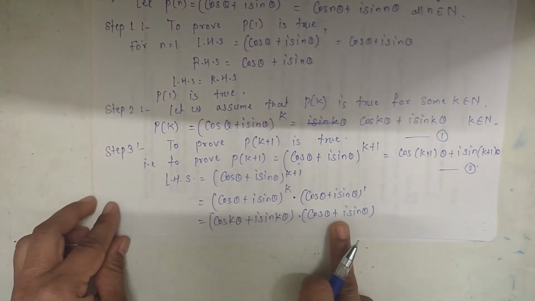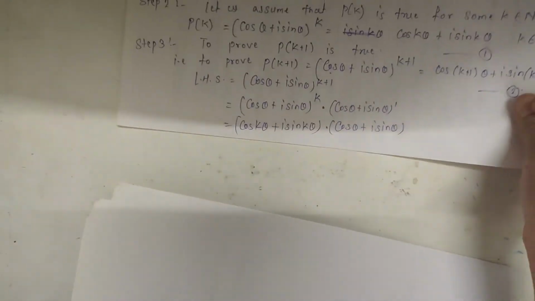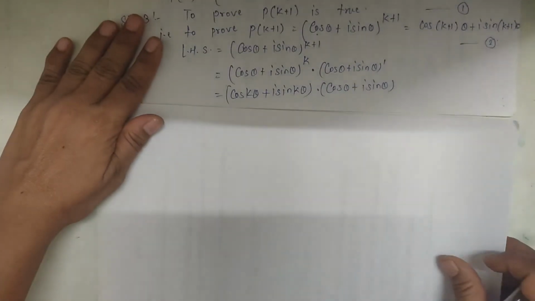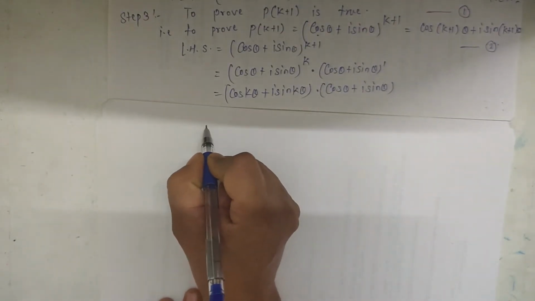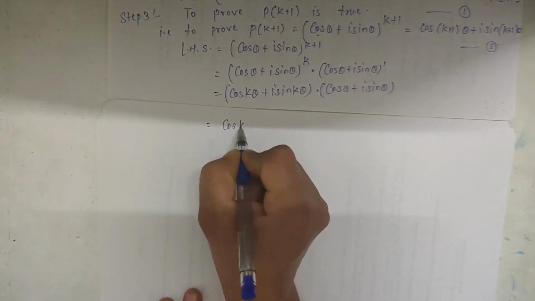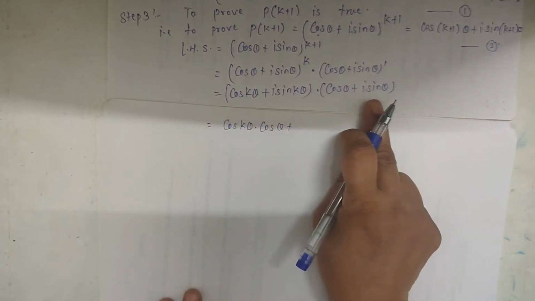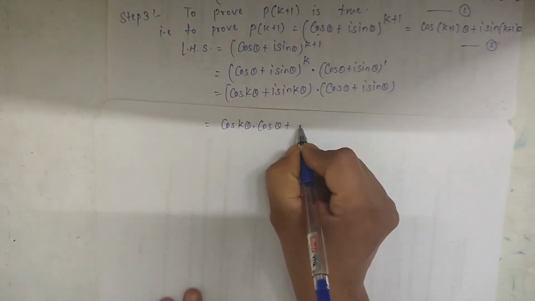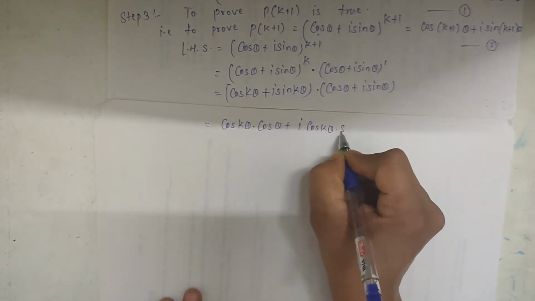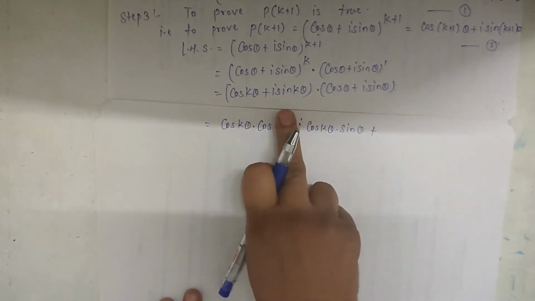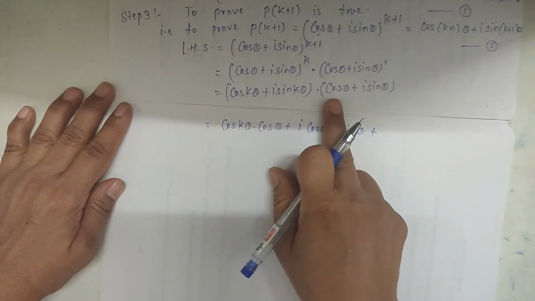Also solving these two brackets, that is the product of these two, we get cos k theta into cos theta plus cos k theta into i sin theta, that is i cos k theta sin theta, plus the second term in the first bracket into the first term in the second bracket.